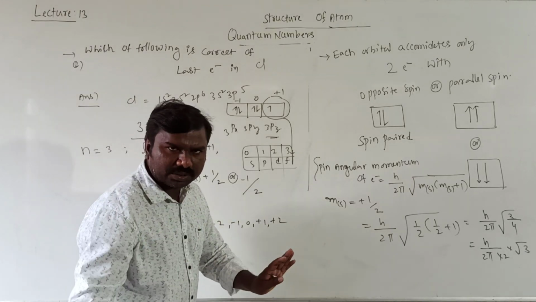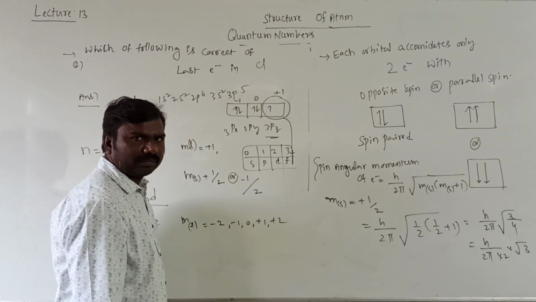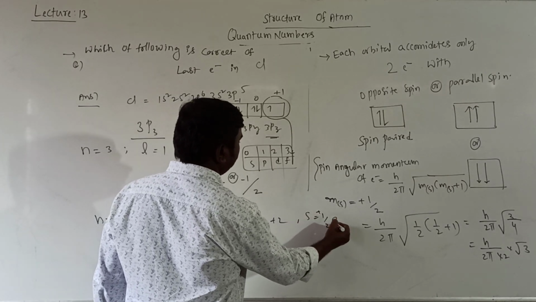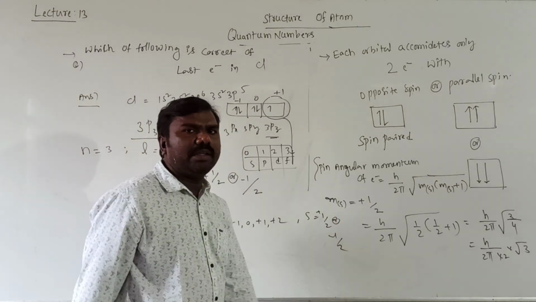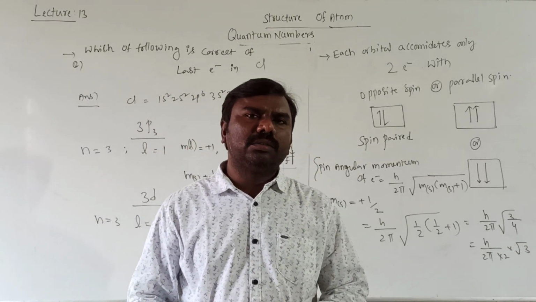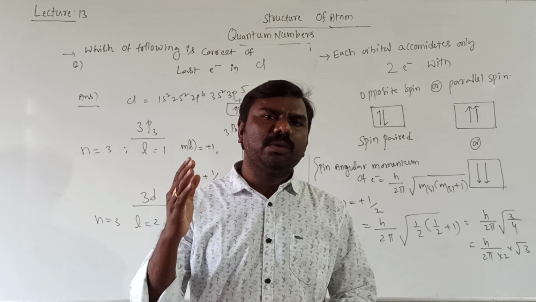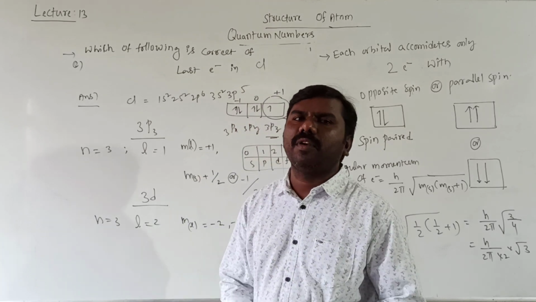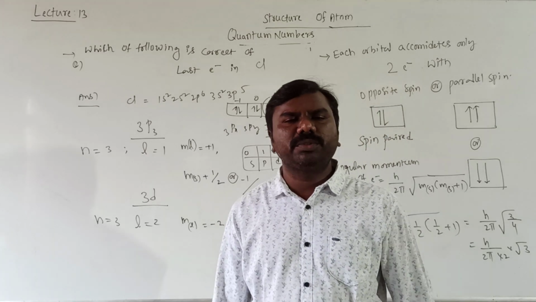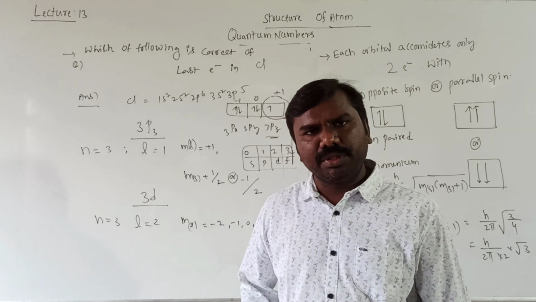Any value is correct if they didn't mention. Then S value may be +½ or -½, any value is correct. Like this you can find the n value, L value, m value and S value for a given set of orbitals. You just find and solve problems which are given in the material. We'll continue in the next video.